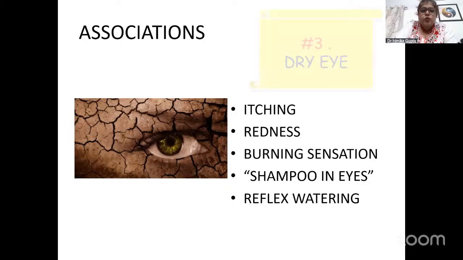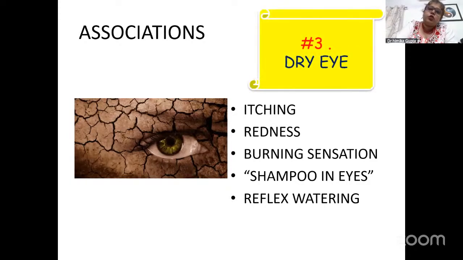The next association with this computer vision syndrome is itching, redness, and burning sensation. In fact, we have small kids who can't even describe burning sensation. They say, I feel as if soap or shampoo has gone in the eye. Jaise mama head bath dete hue jaise aankh mein soap jaata hai, waisa feeling aa raha hai. So this is the sad reality that small kids are now facing computer vision syndrome associated dry eye, which is unheard of.